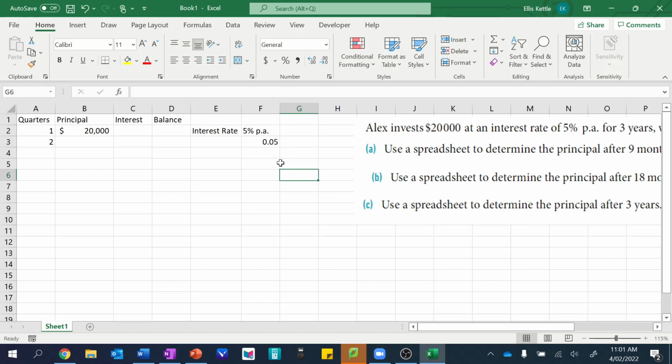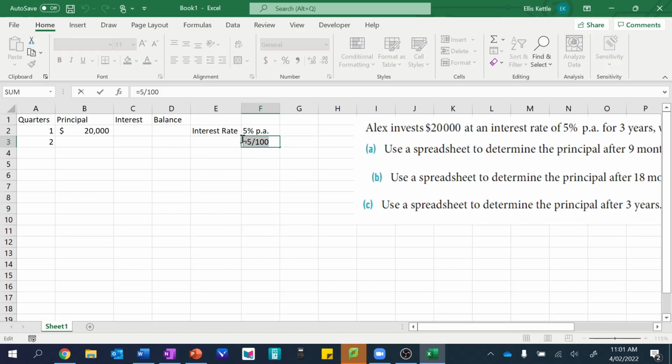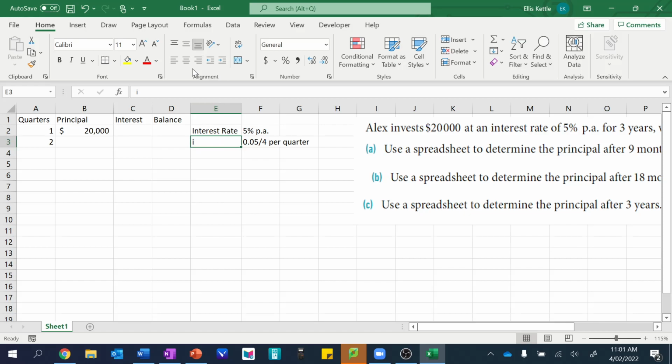That is 5% as a decimal. And this isn't my interest rate. So 0.05 is not my interest rate. That is my yearly interest rate. If I divide it by 4, that is my per quarter. And that is the interest rate I'm going to be using. So for little I in the formula, PIN, this is the one I'm going to be using.